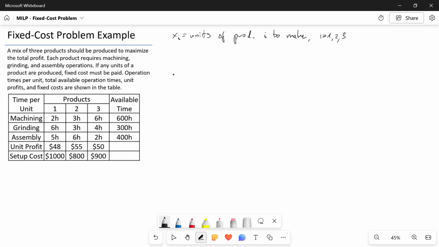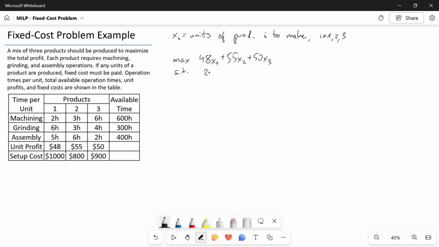And then we can say we maximize the profits, 48x1 plus 55x2 plus 50x3. This would be the total profit from producing those 3 products.